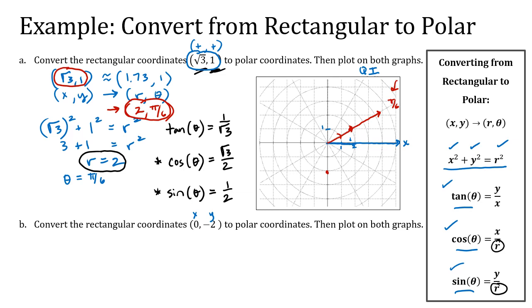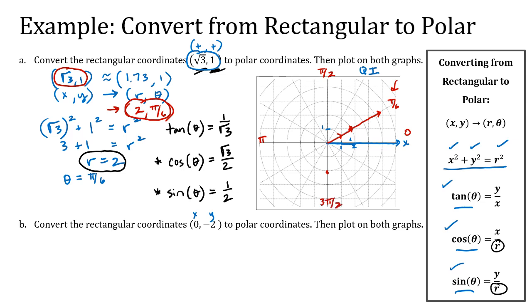Then we can just simply look at it and identify what the angle measure would be to get to that point, right? Like look at the circle. We know that on the circle the positive x-axis is at 0 radians, the positive y-axis is at pi over 2, the negative x-axis is at pi, and the negative y-axis is at 3 pi over 2.